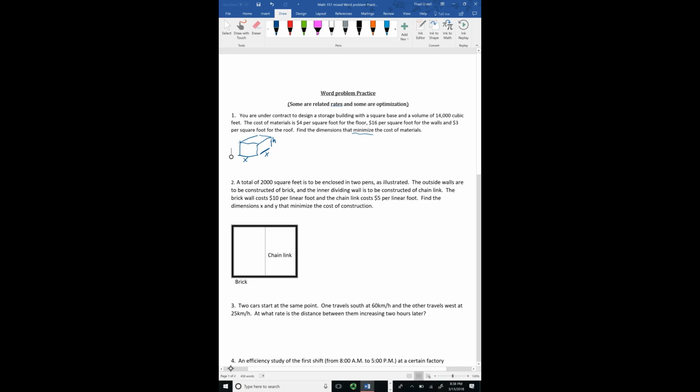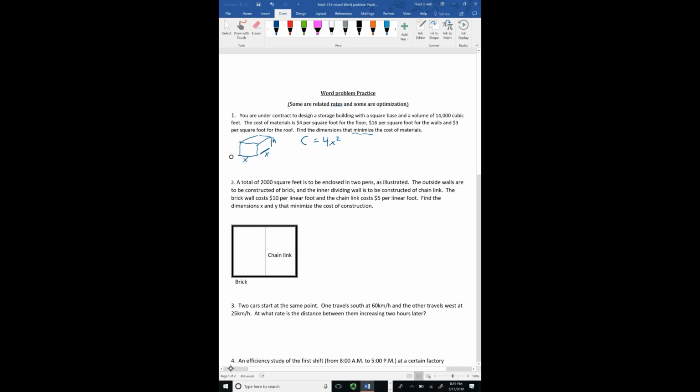As you read through this, the cost of the materials is $4 per square foot. We need to minimize cost. So if we do a big cost equation, the $4 per square foot would be 4 times the square footage of the floor, which is x squared, so 4x squared for the cost of the floor. $16 per square foot for the walls.